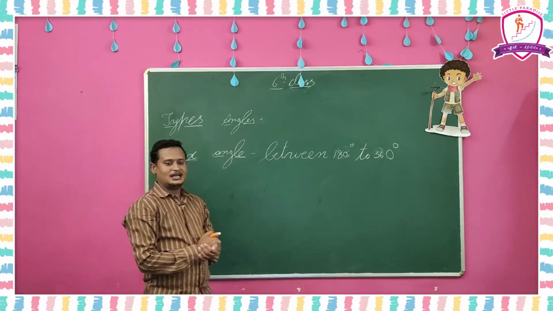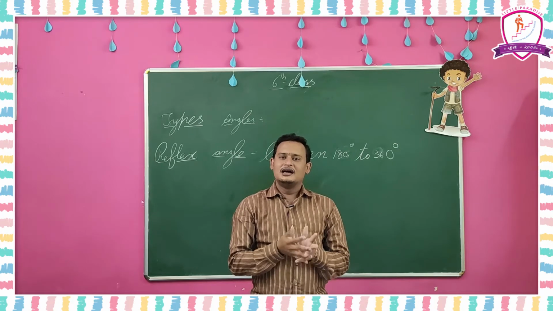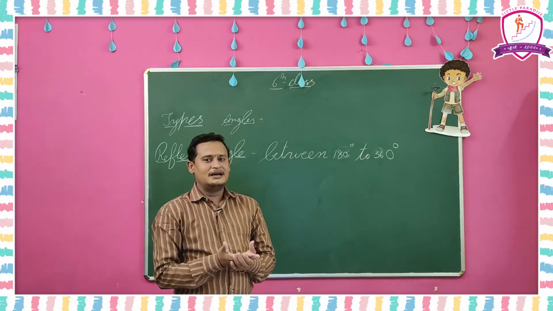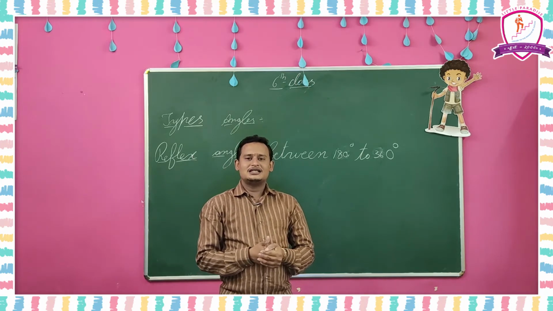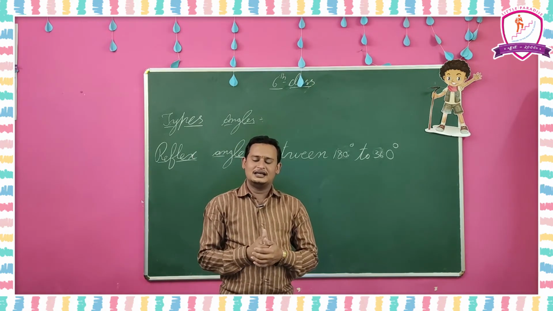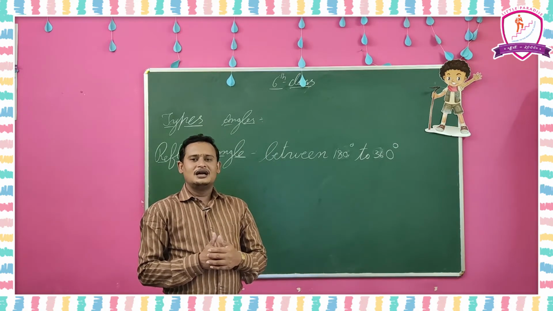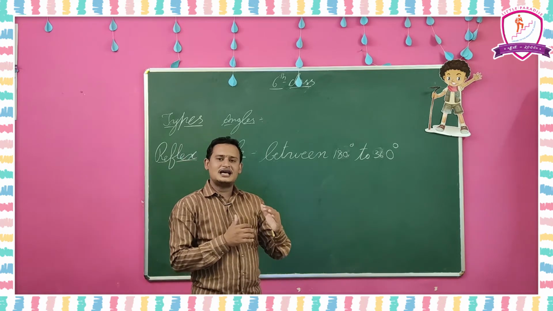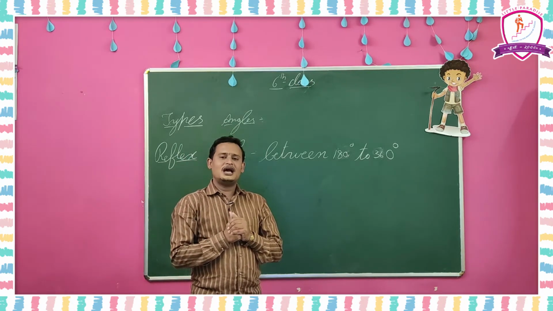There are 6 types of angles. What are those? First one, already we discussed, is the complete angle, measured by exactly 360 degrees. The next one is the straight angle, measured exactly 180 degrees. The next is the right angle, measured by 90 degrees. The next is the acute angle, measured in between 0 and 90.